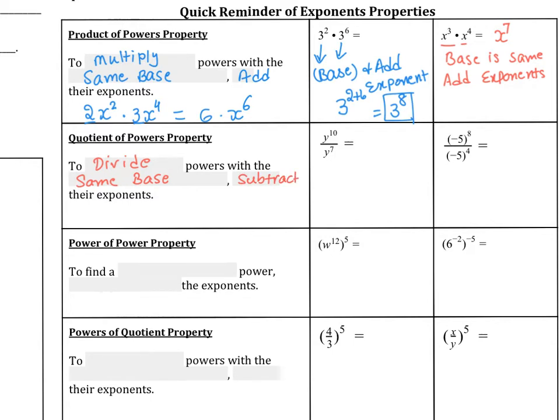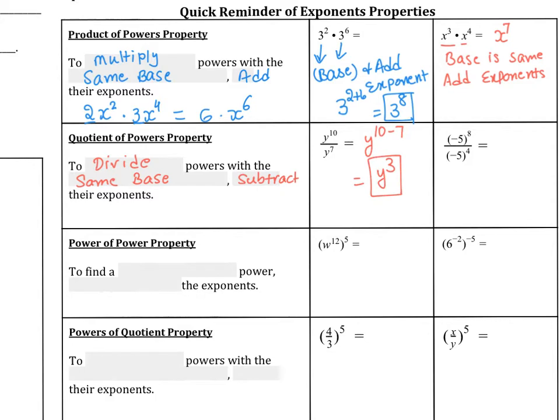So for example, if you have y to the power 10 over y to the power 7, that means you have the same base but you're dividing them. Then you're going to subtract the power on the bottom from the top. It's 10 minus 7, so y to the power 3 is your answer.